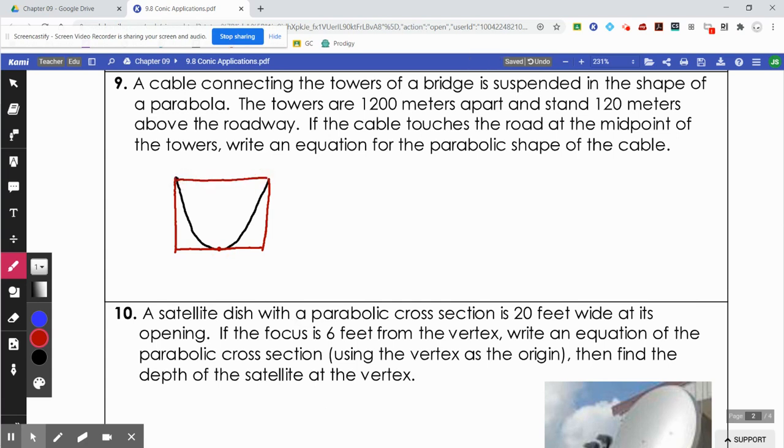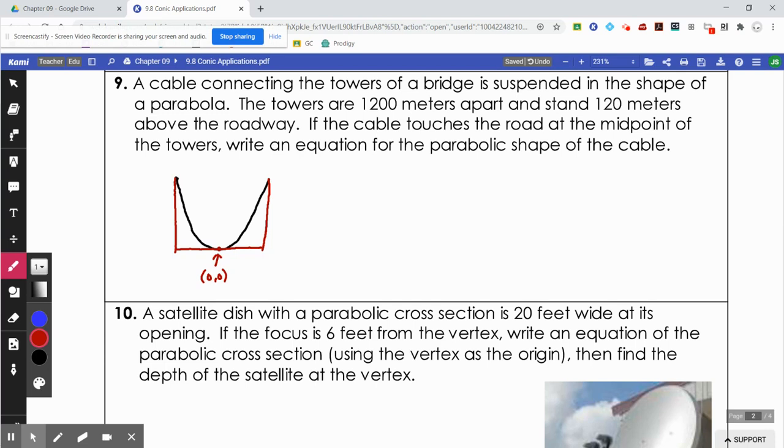They let, like on that last problem, the origin be up here. However, I'm going to work it a little bit different. I'm going to let my origin be right here at the vertex. So that's going to be my 0, 0, the point where that cable comes down and touches the roadway. So my equation will be slightly different. As far as the parabolic shape, it will be identical, but mine will be translated. It has a different origin than what theirs does, so that's fine.